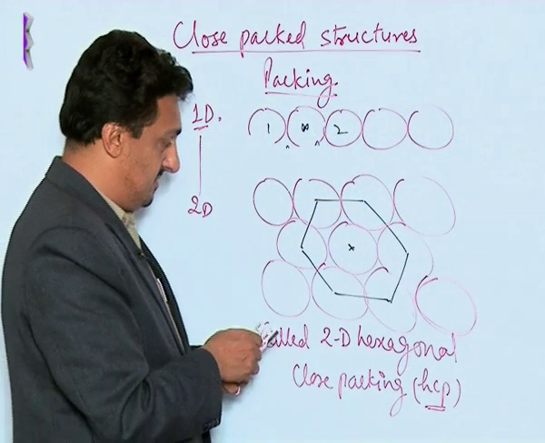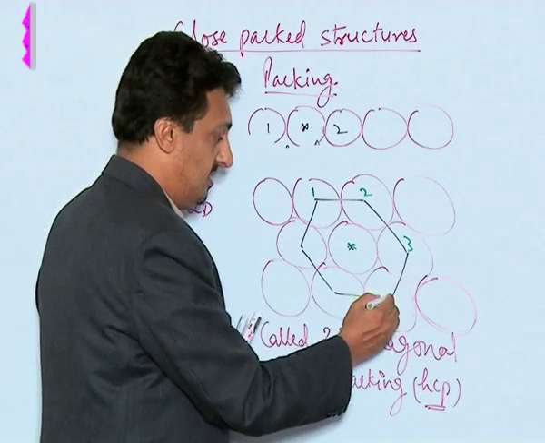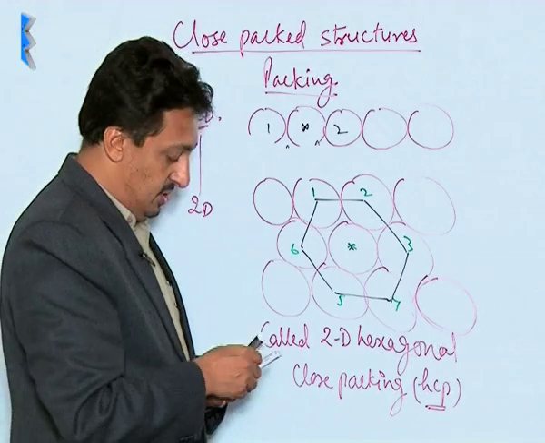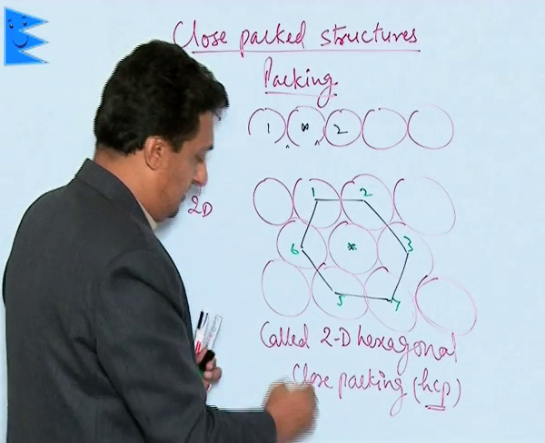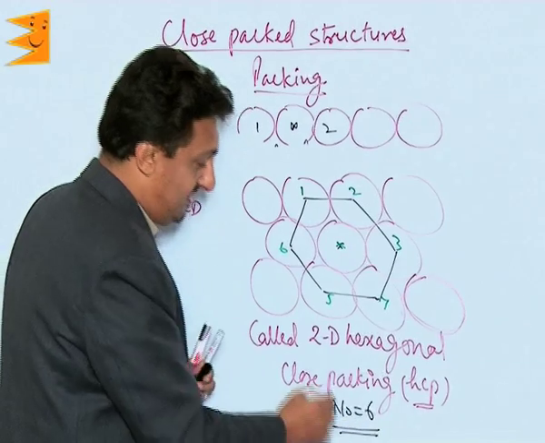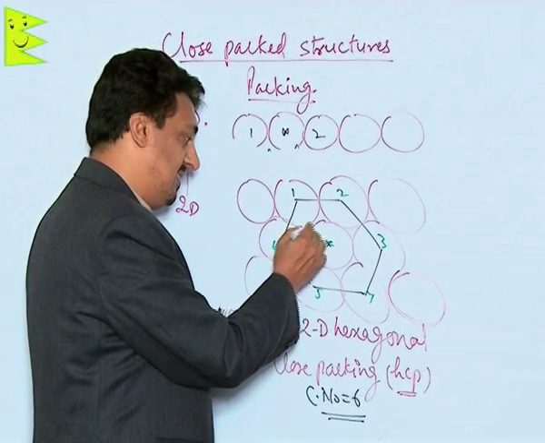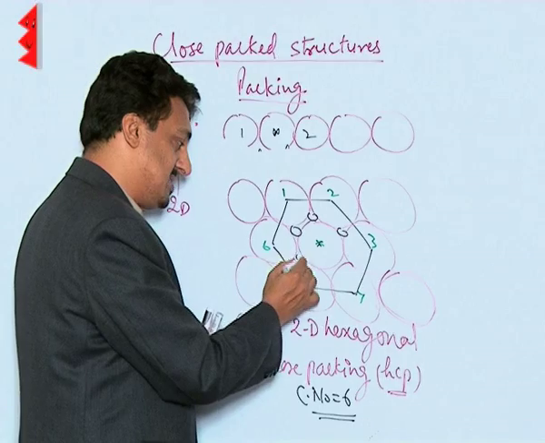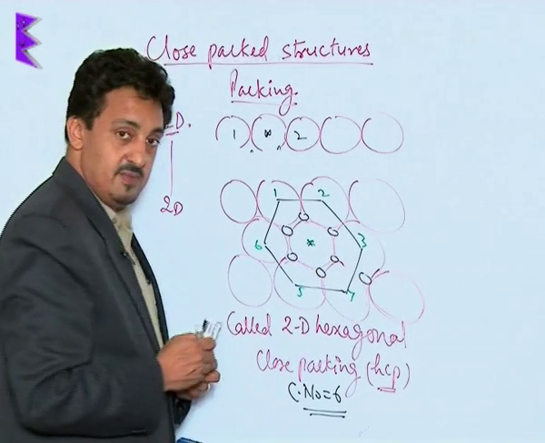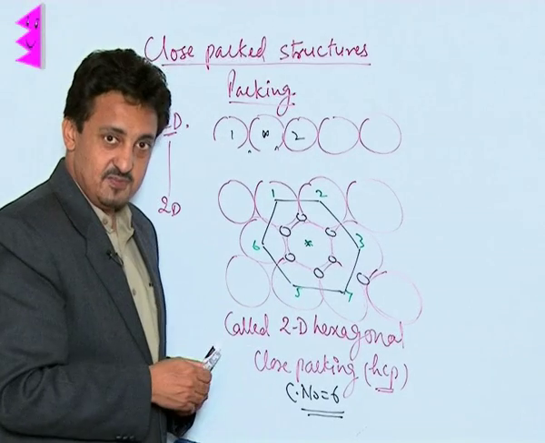And in this, this center particle is in contact with 6 more particles. So the coordination number in this case is 6, and you can make out that these are small interstitial spaces or voids, which are much smaller than in the square close packing.